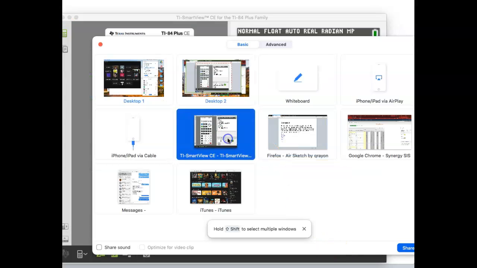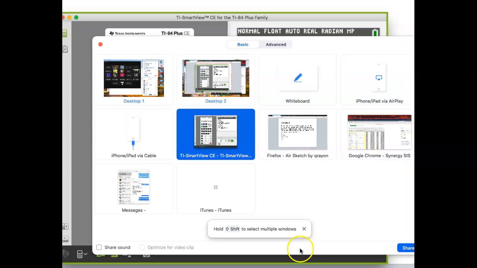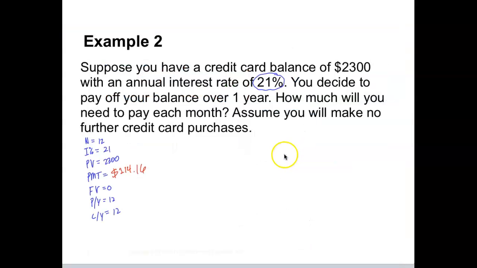Apologies. That's what I entered, and then I did alpha solve on payment, and I got $214.16. All right, so that's how much I'll have to pay each month to pay it off in a year.